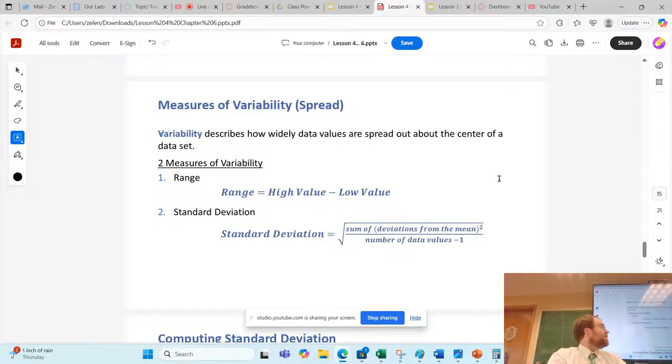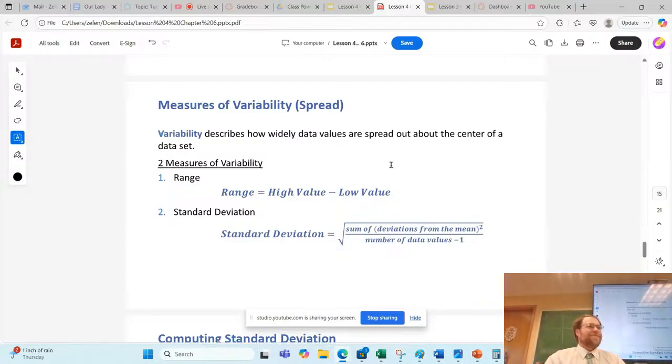So you would take each number in the data set, and if the mean is 50, you would take it minus 50, and then square it, and then add them up, divide by the number of values minus 1, and then take the square root.